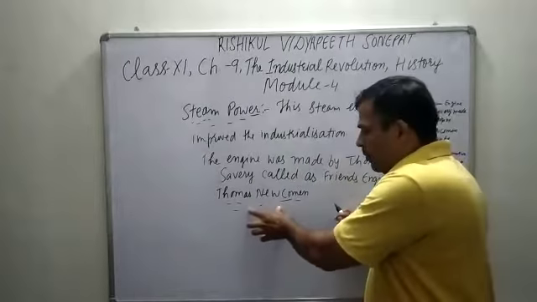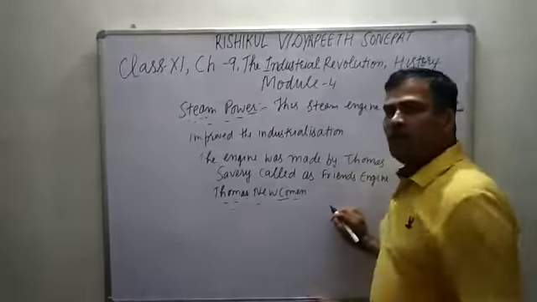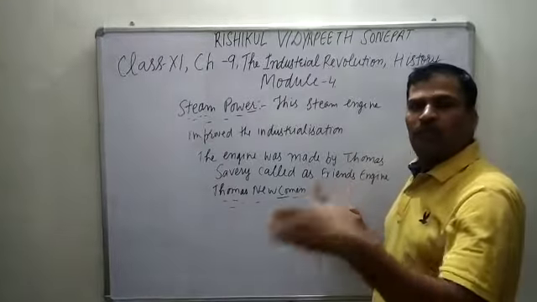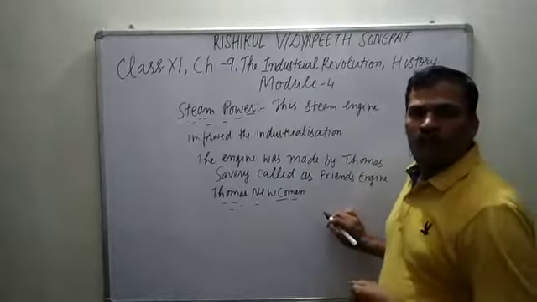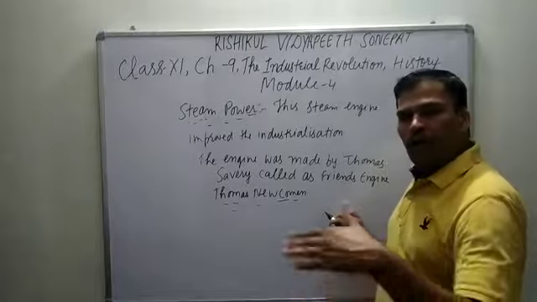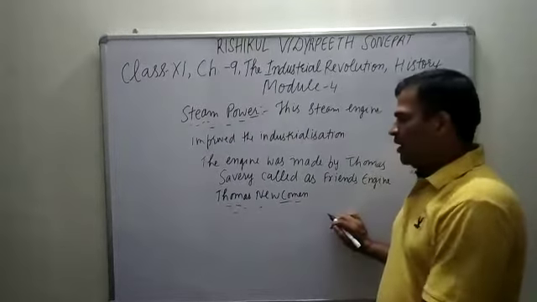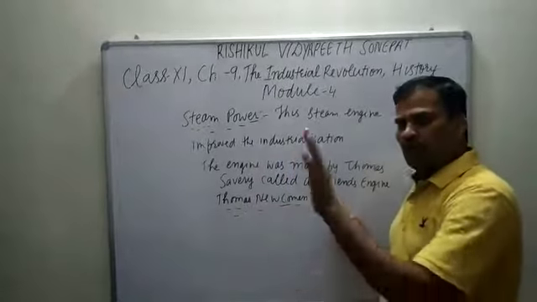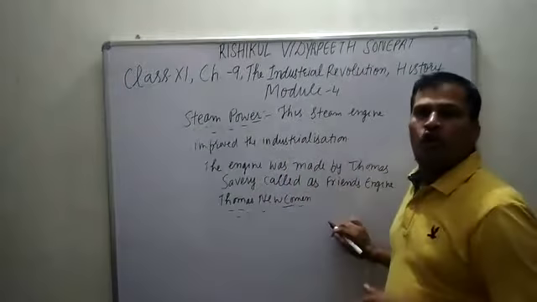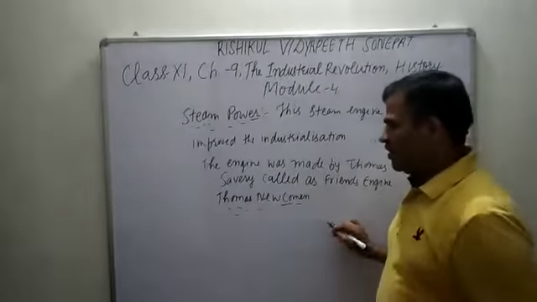And this Thomas Newcomen model was not able to work properly, because by accidents or any mishappenings, the water condenses, the water cools, and this engine blocks. So that was also not successful.